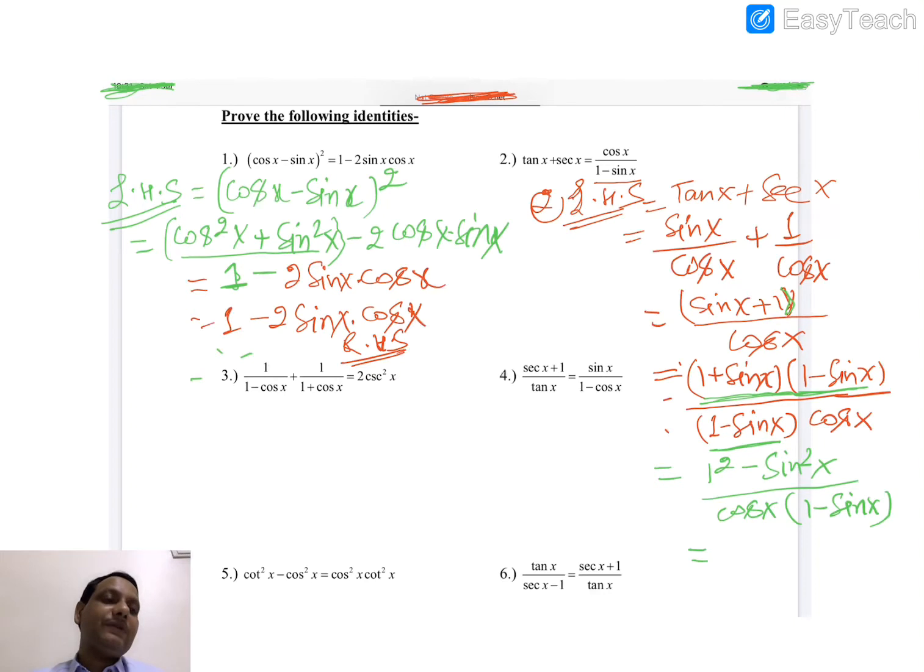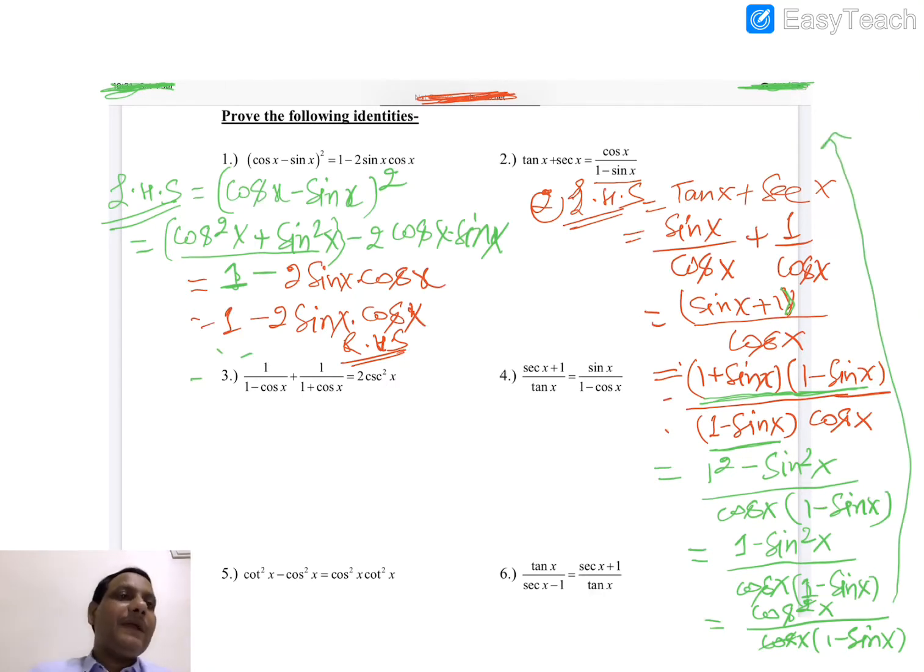As you know, 1 minus sin square x is equal to cos square x, over cos x, 1 minus sin x. One cos cancels, so finally we got the right hand side, cos x over 1 minus sin x.